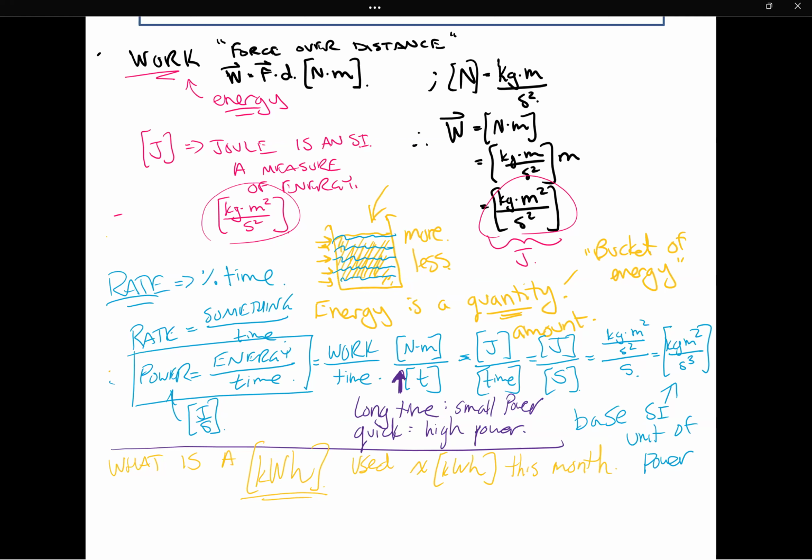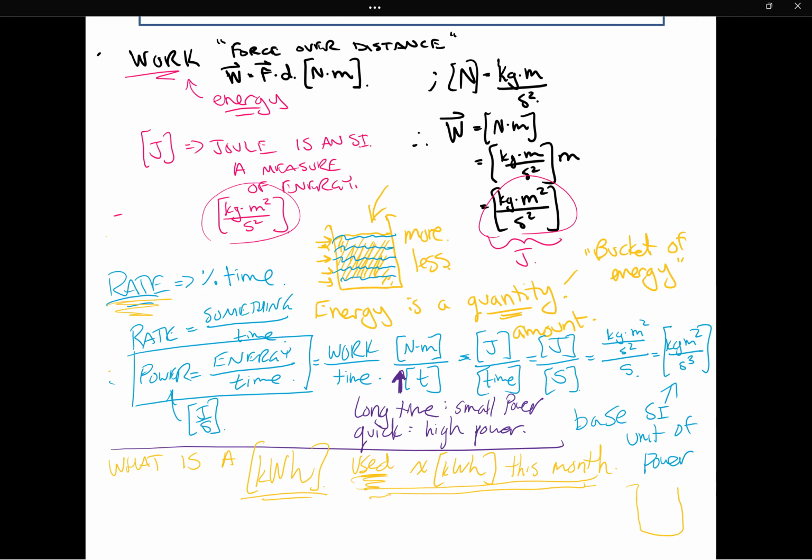Is that power or is that a quantity? Well, if you use that amount this month, you're not talking about a power, because it doesn't say you were really quick this month or you were really slow this month. It's not referring to a rate. It's referring to a quantity that you used.